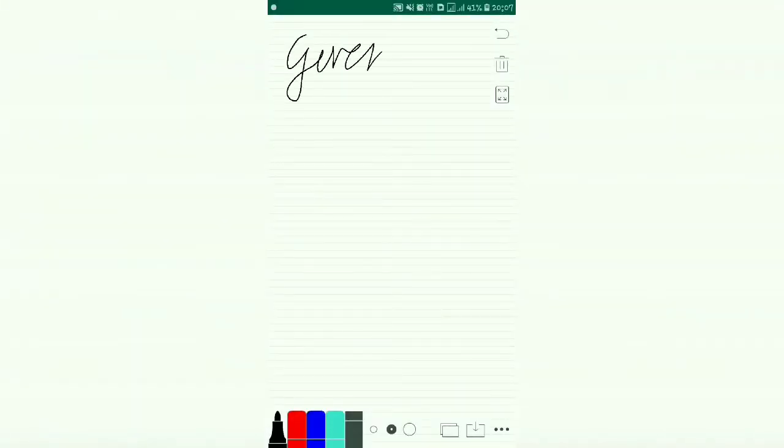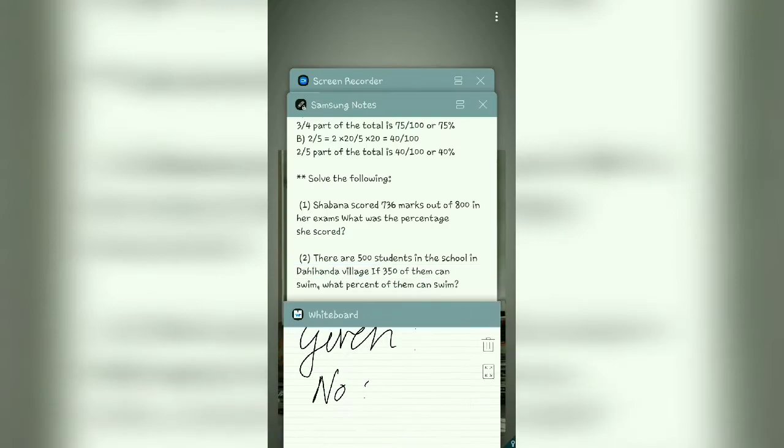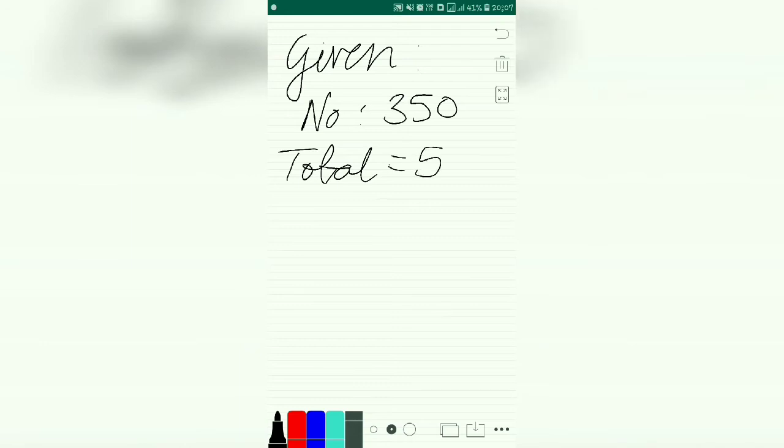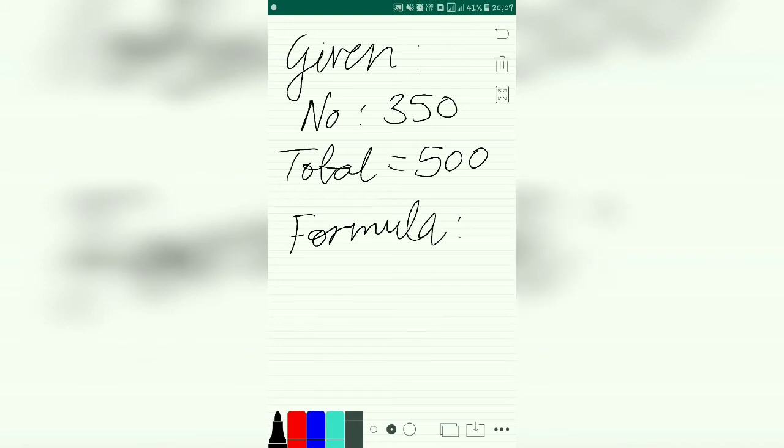So we are given number 350 and total 500. Write the formula, as you know what the formula is now. Given number upon total into 100.